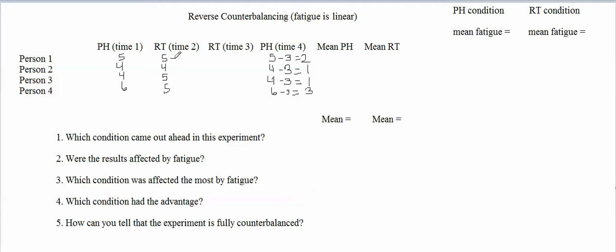So you would subtract each of these by 1 because it's at time 2, and you have 1 unit of fatigue. So these are the actual ratings.